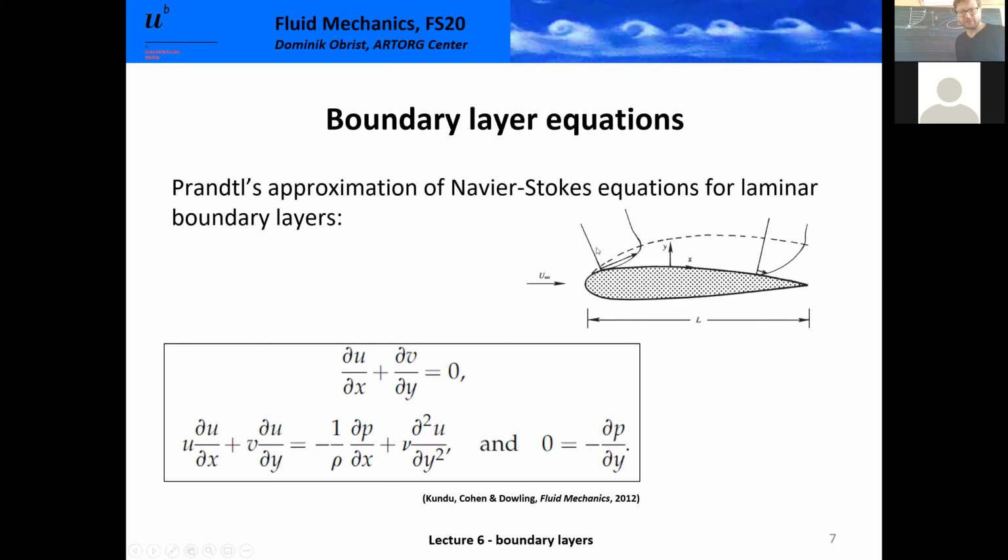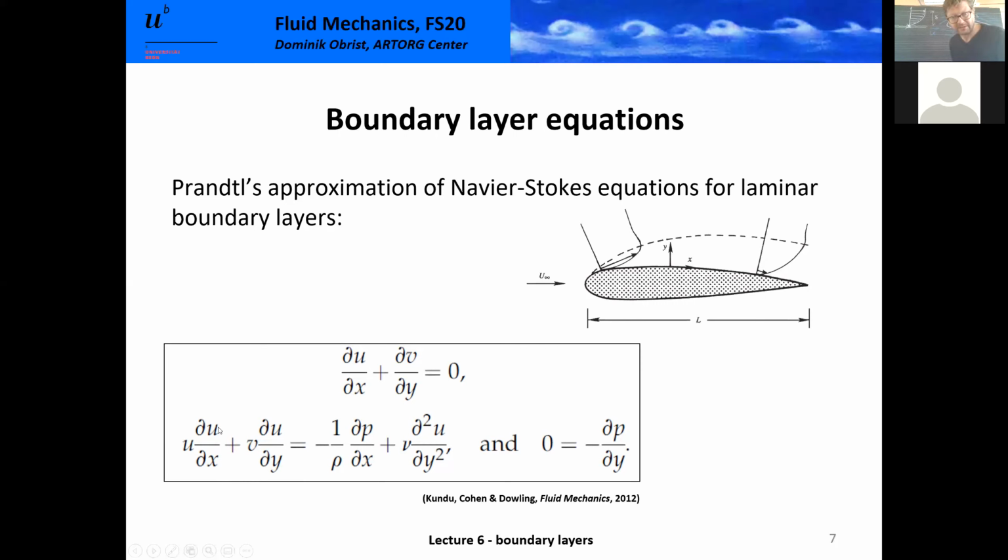So let's look at these terms here. Hope you can see my mouse pointer. On the left-hand side, we recognize here the nonlinear term of the Navier-Stokes equation. The unsteady term was kicked out because he said, we're just looking at steady solutions, that's okay.